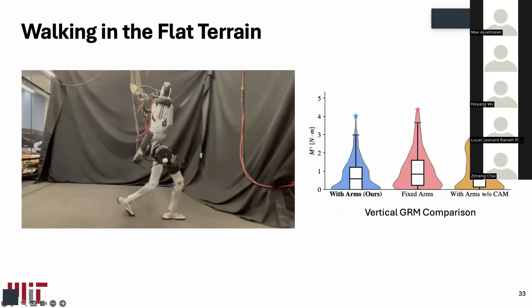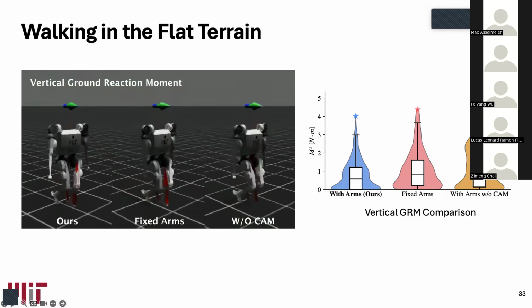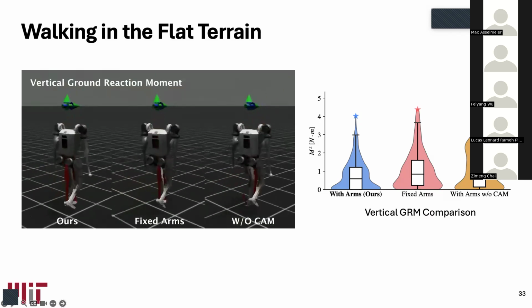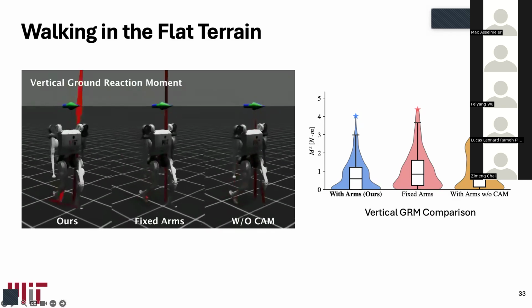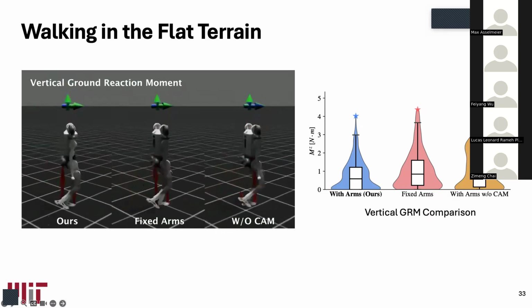The effect of the arm swing becomes clear in the vertical ground reaction moment plot. The vertical reaction moment is on the foot in contact. You can plot the forces of the heel and toe, because we are modeling just heel and toe two-point contact, and you can multiply them with the moment arm. So r cross F is the actual moment.